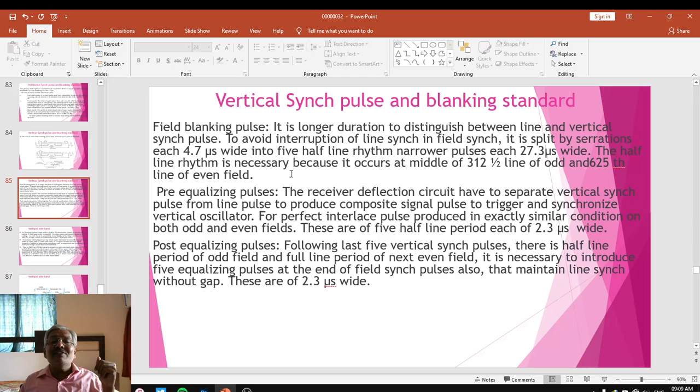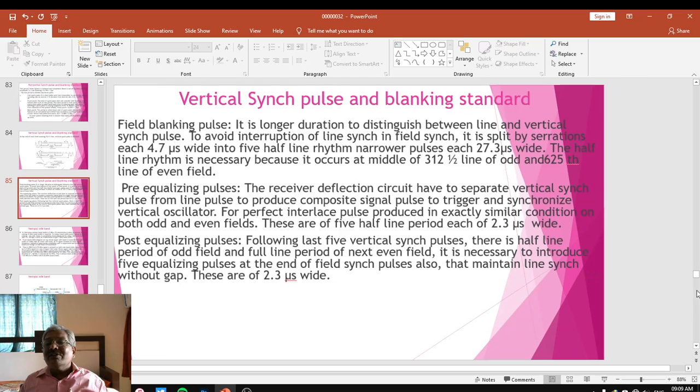The half-line rhythm is necessary because it occurs at the middle of the 312 and a half line of the odd field and the 625th line of the even field. Means these field blanking pulses have their standards of 4.7 microseconds wide, separated by 27.3 microseconds wide, which are introduced in the middle of the 312 and a half lines of the odd field and the 625th line of the even field.